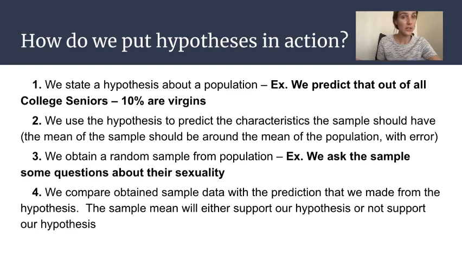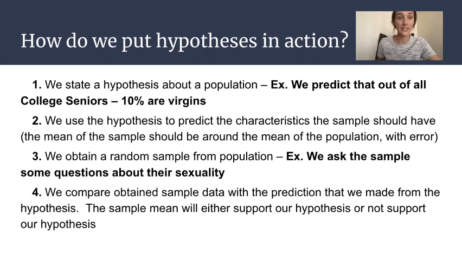We're likely not going to go ask everybody in this particular population, but we can draw a sample, see what data comes from that, and then make a conclusion about what we think is true of the population. So that'd be our step one, to state our hypothesis. We use the hypothesis to predict the characteristics the sample should have.